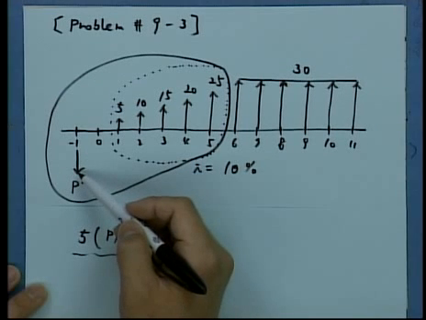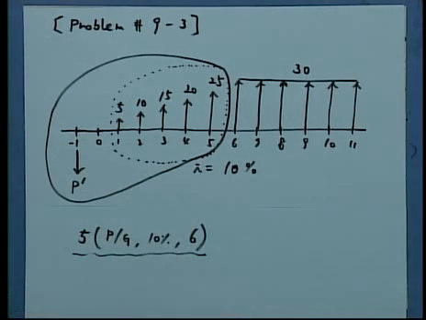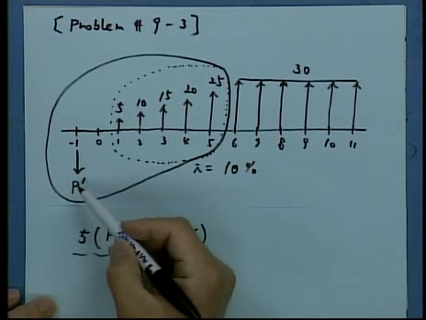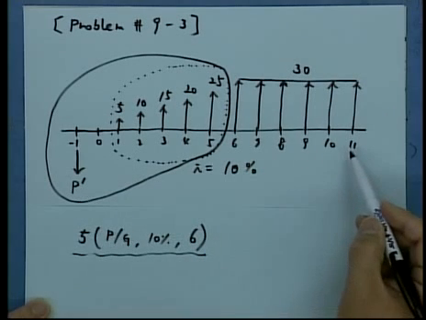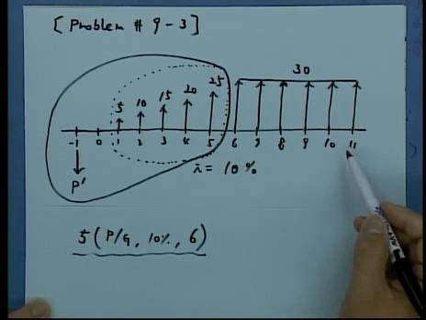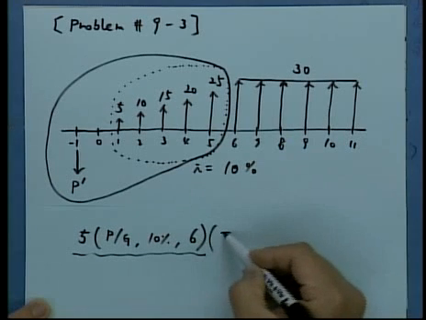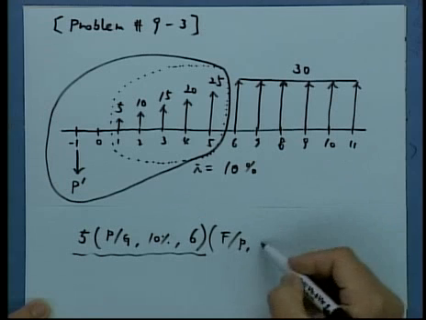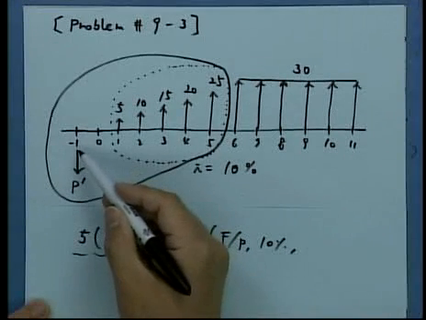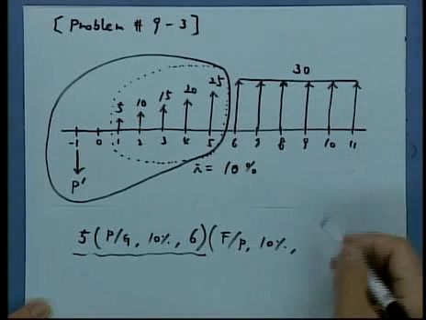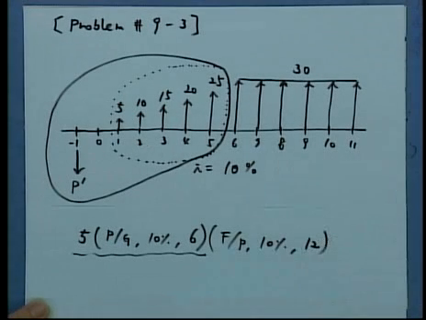Is that right? Now we need to convert this to an equivalent future sum at the end of period 11. So we need to multiply F given P, 10%, over how many periods? From -1 to 11. So it's going to be 12. Okay?